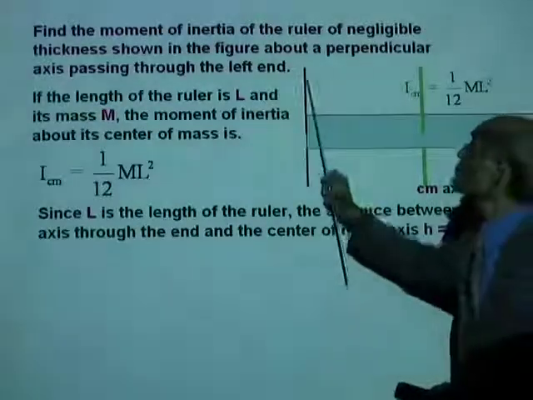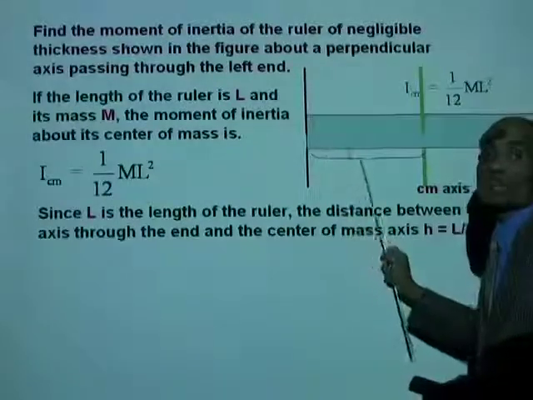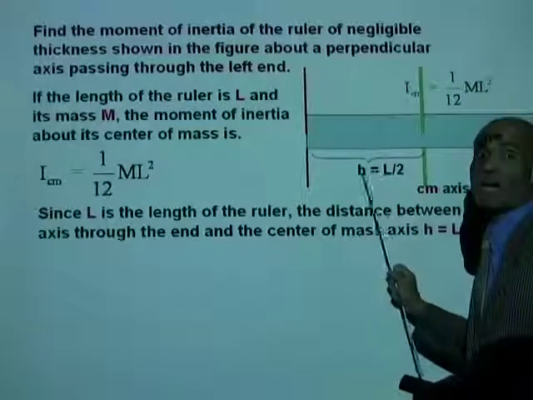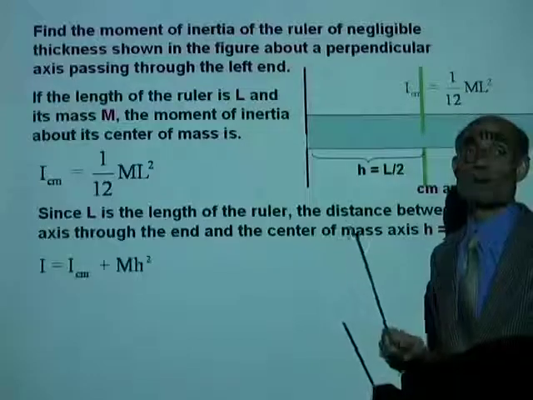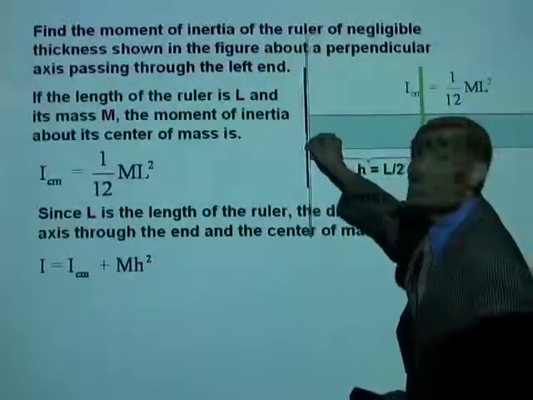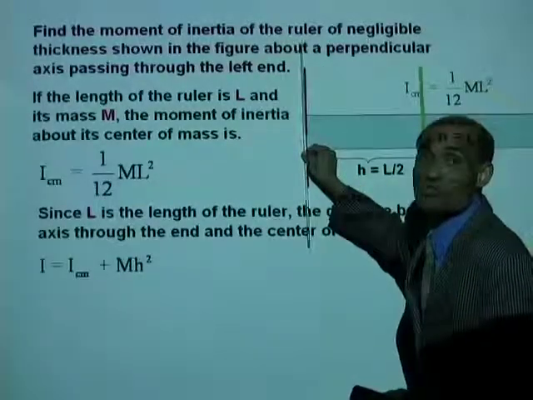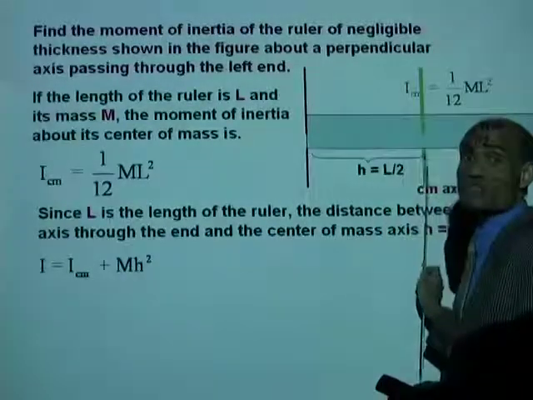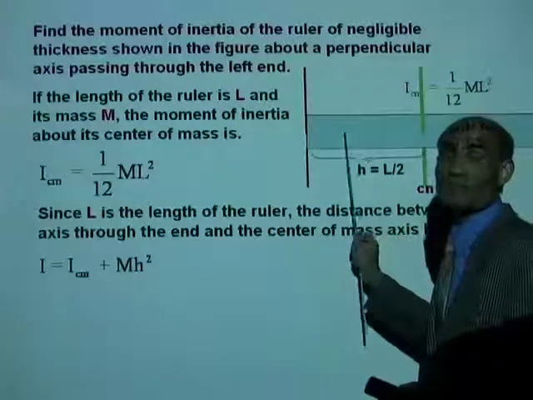So this is the new axis. And for that new axis, this is h, the perpendicular distance between the two axes. And that h equal to L over 2. Alright, what does the parallel axis theorem say? It says the moment of inertia of this ruler about the axis through its end is the moment of inertia about the center of mass plus mh squared.